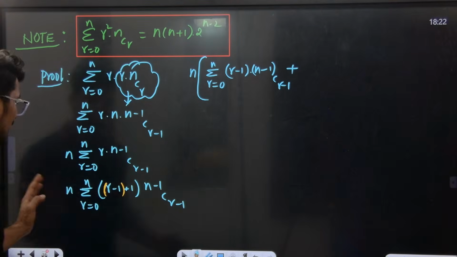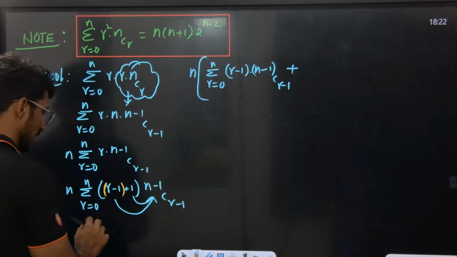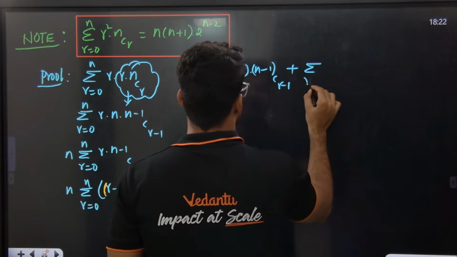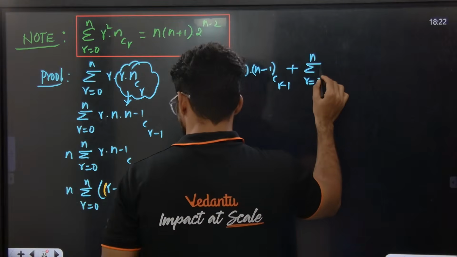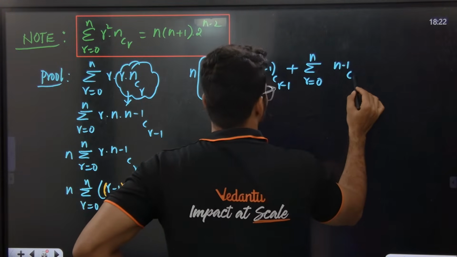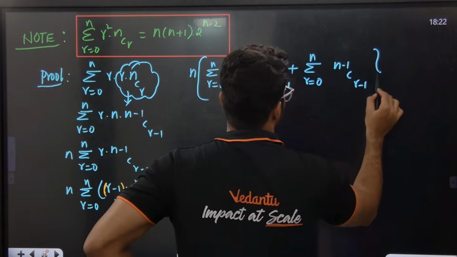This n I'm writing as it is. I'm applying sigma to this. This into this I'm multiplying and applying the sigma. Sir, sigma r is equal to 0 to n, 1 into n minus 1 into n minus 1 cr minus 1.